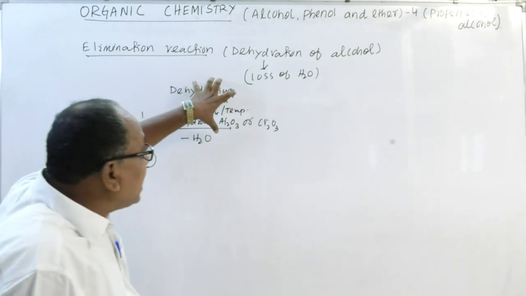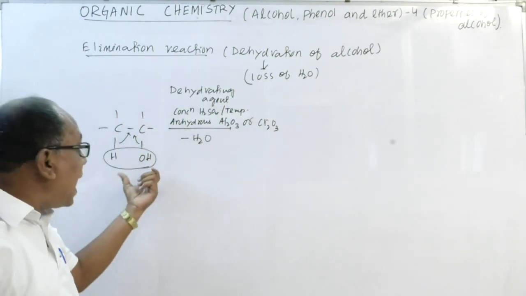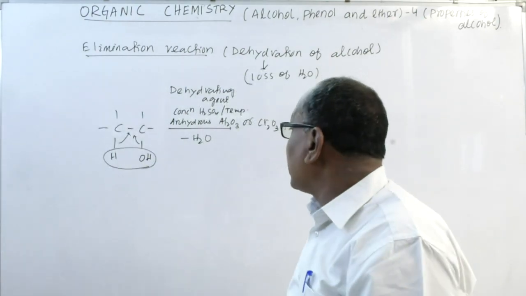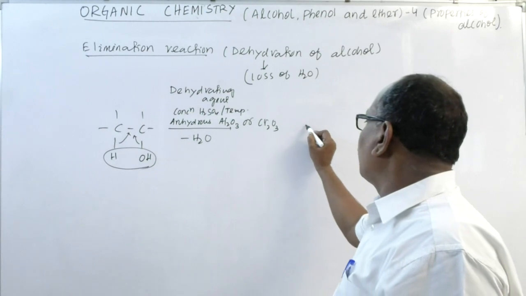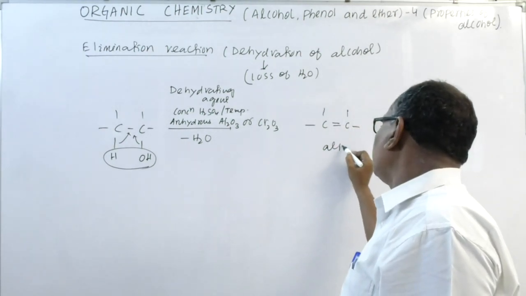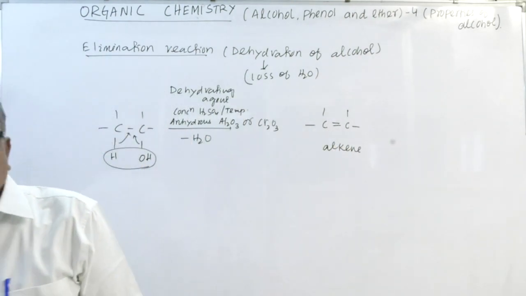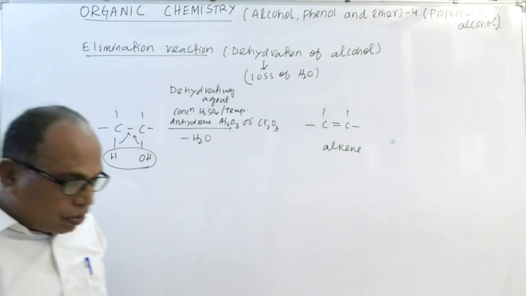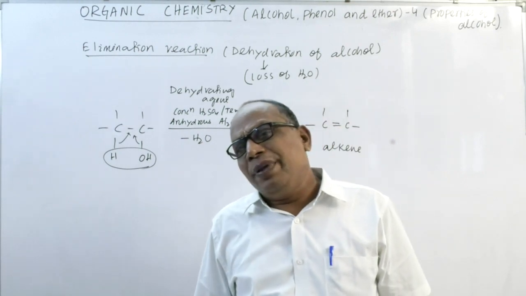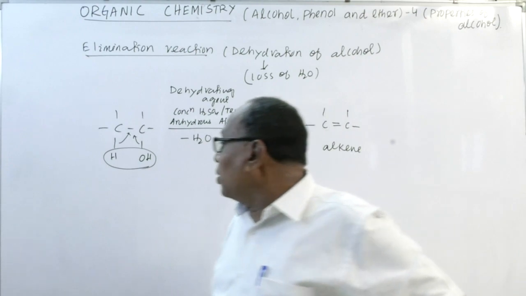So see, when alcohol is treated with a dehydrating agent, it undergoes dehydration, a loss of a molecule of water, and results in the formation of what? An alkene. That is, alcohols are dehydrated to form alkenes. And what will be the reactivity order?